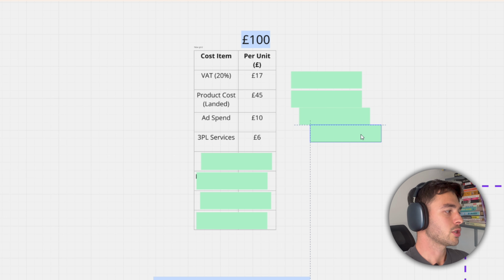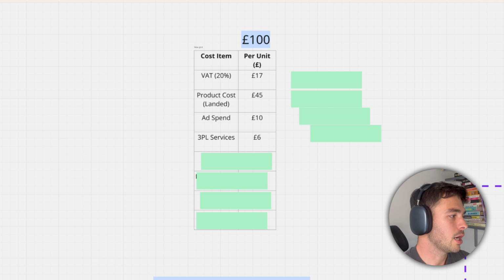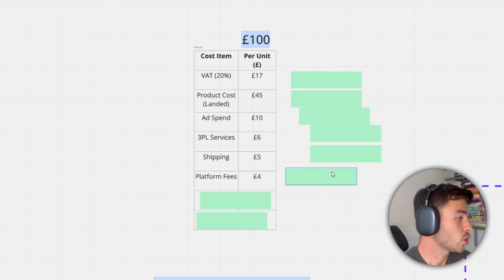Then you've got third-party logistics services. So for example, if you outsource your fulfillment to a different third party or warehouse, £6 is going to come off your £100. You then got shipping. How's it going to get from your warehouse to the customer within decent time? It's going to cost a bit of money. In this case, it's cost you £5. We've then also got platform fees.